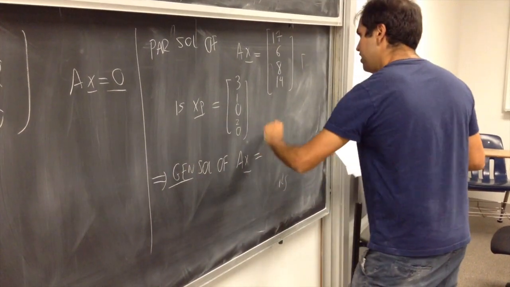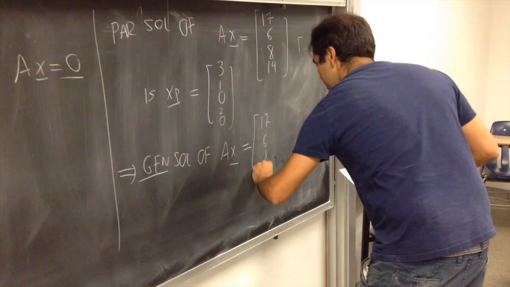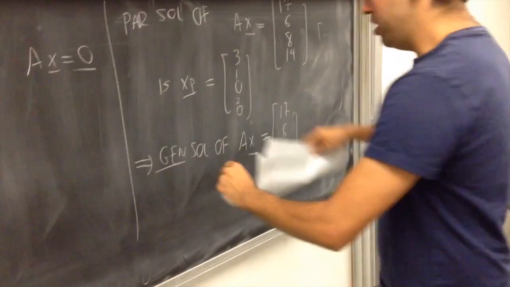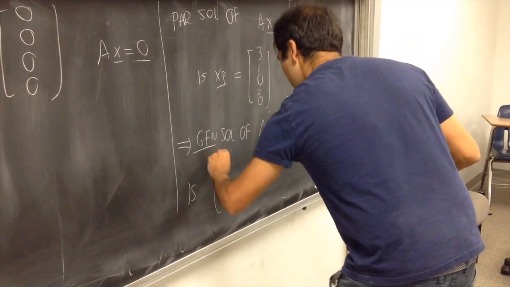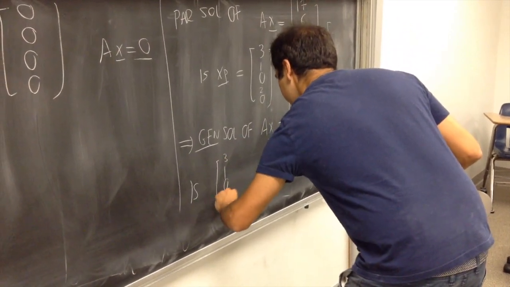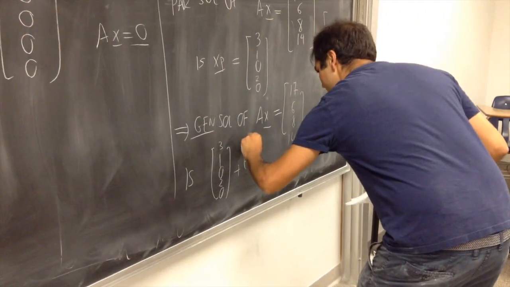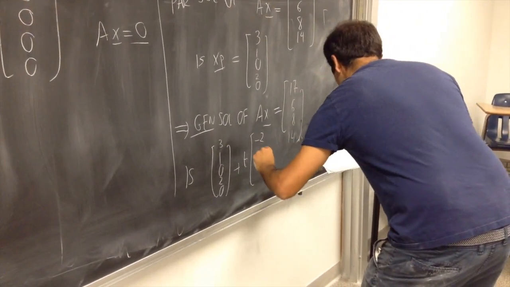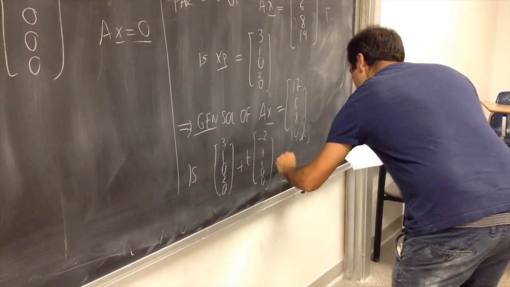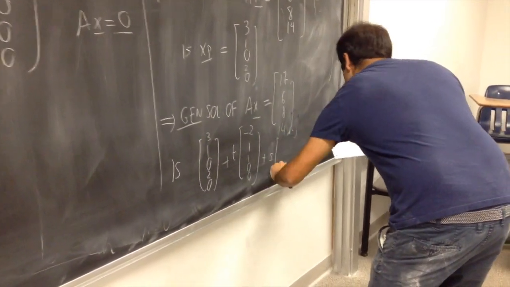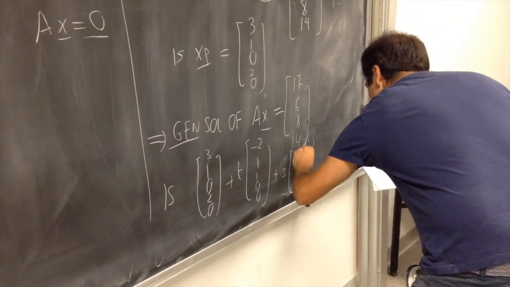Then, as I said, the general solution of AX equals 17, 6, 8, 14 is just this solution 3, 1, 0, 2, 0 plus t times minus 2, 1, 1, 0, 0 plus s times 2, minus 1, 0, 2, 1.